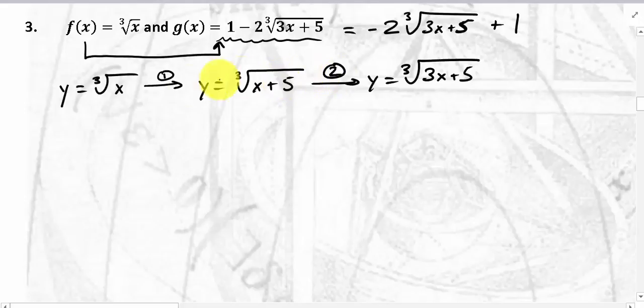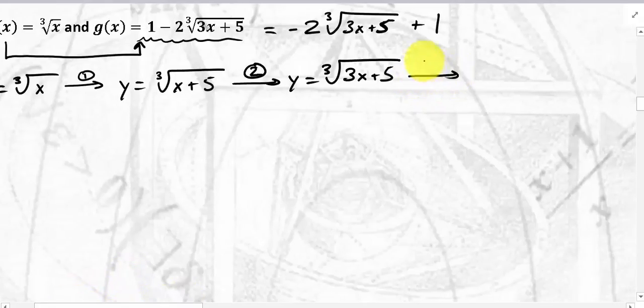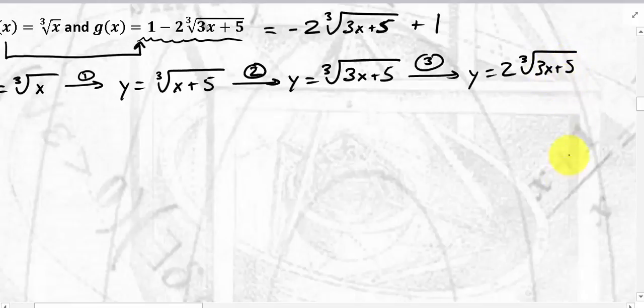You know that number 1 and number 2 are not switchable. You cannot interchange them. Okay. Number 3, it's y equals 2 cube root of 3x plus 5.